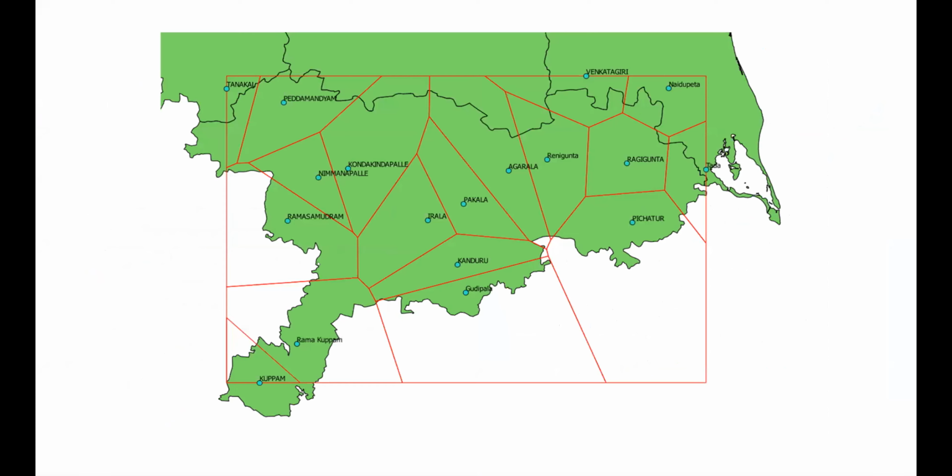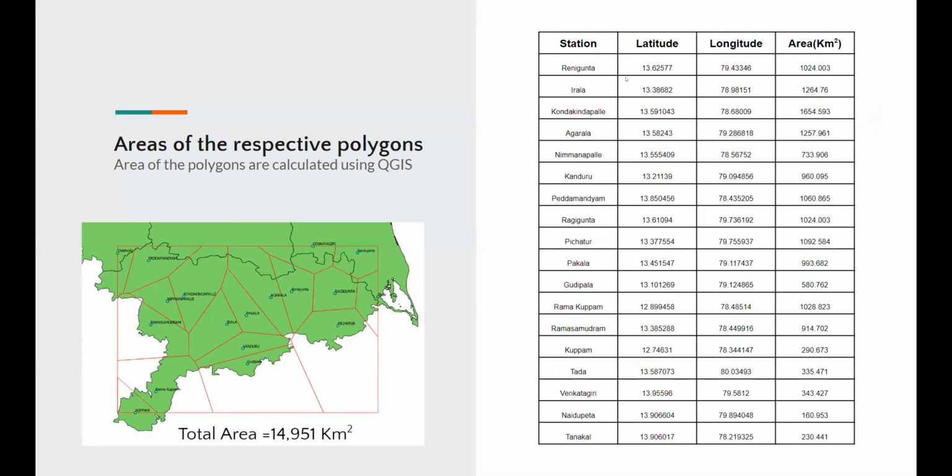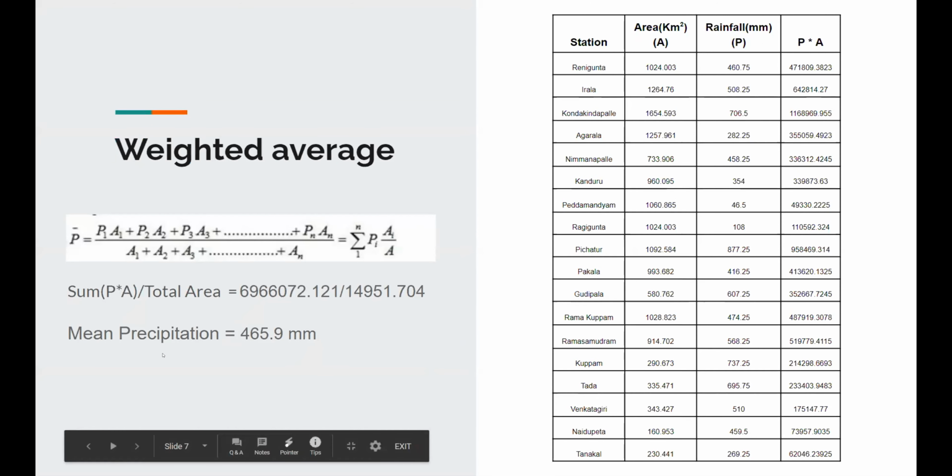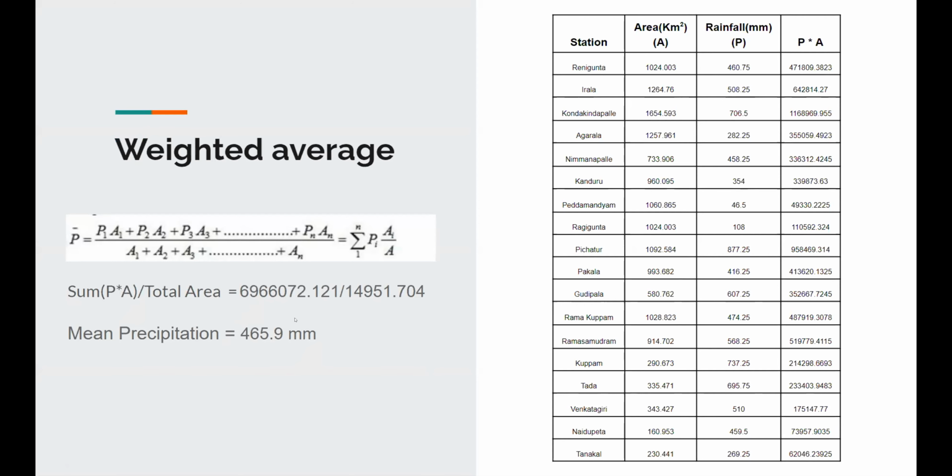So this is my Thiessen polygon. These are the areas for the particular polygons. And the total area is around 14,951 square kilometers. And then we will do the weighted average. So mean precipitation came out to be 465.9 mm, sir. Okay.